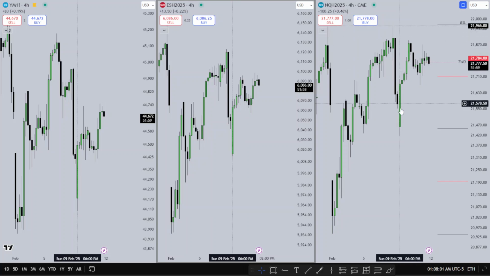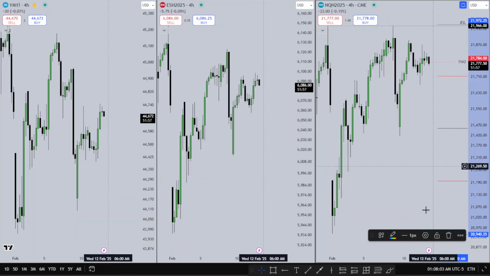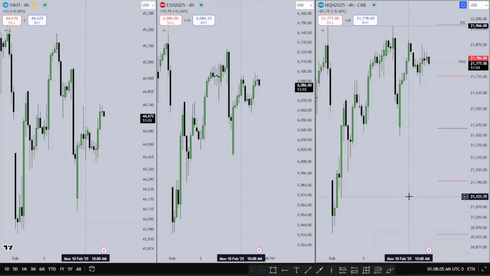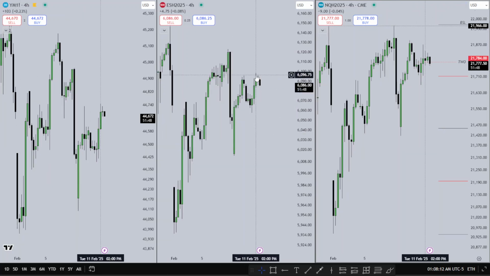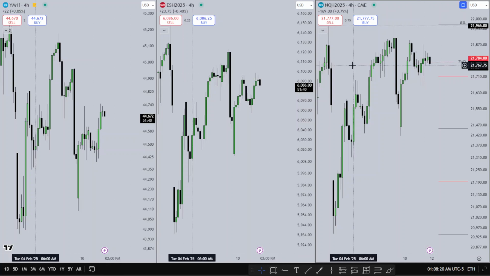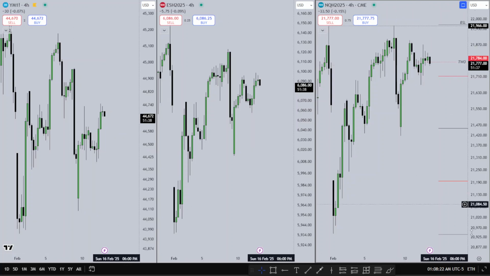Since we didn't even take out those highs, it was alright. These highs got taken, but then right now we have these highs taken on SMT for tomorrow.